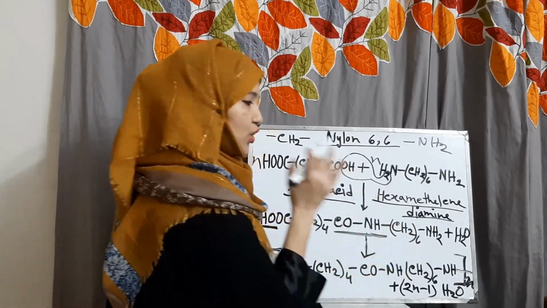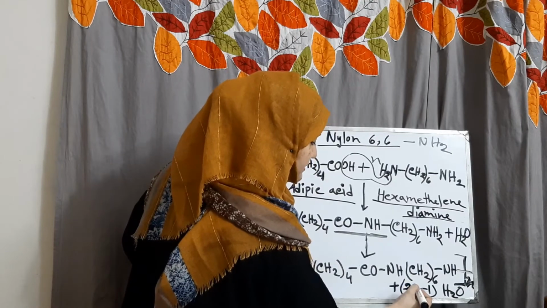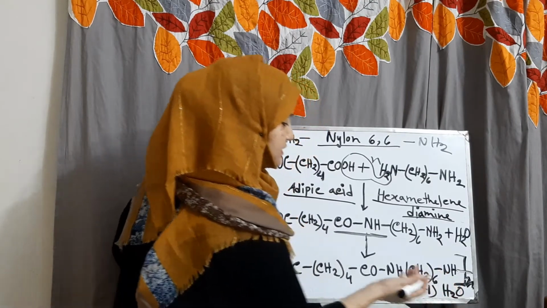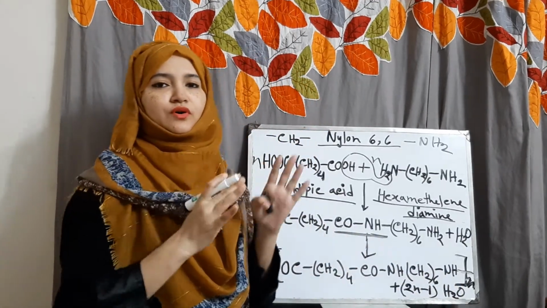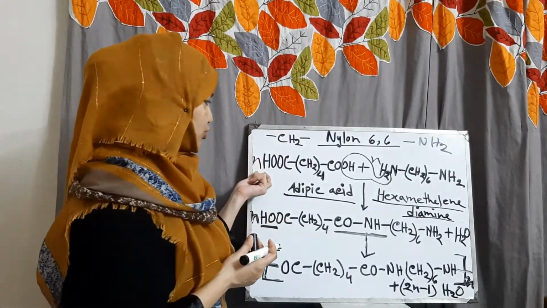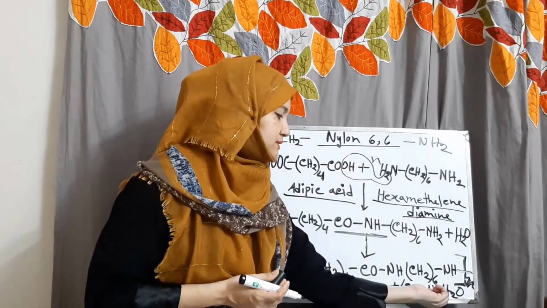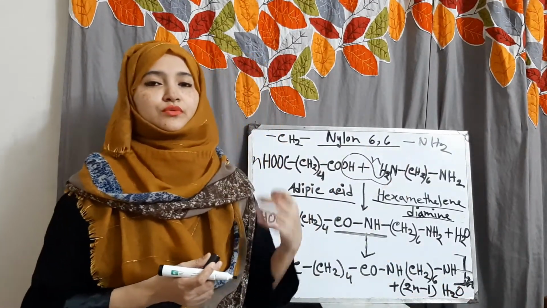Always in a condensation reaction, 2n minus 1 water molecules are removed. For n number of monomers, always 2n minus 1 water molecules will be removed.